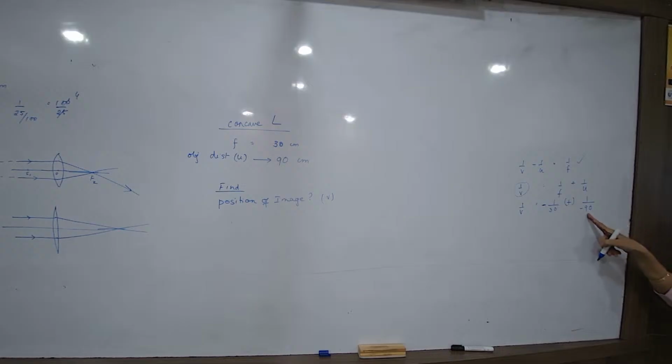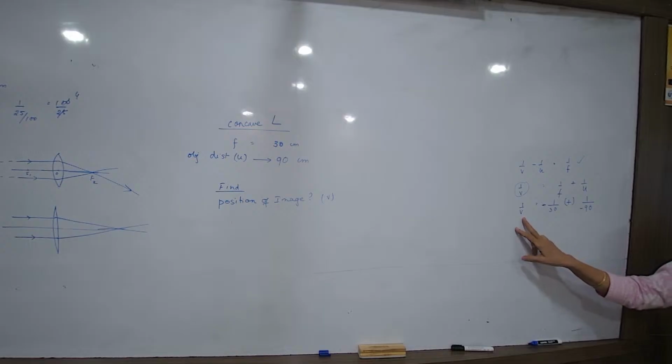But when you're substituting for U, once again look at the information given. Object distance is negative, so we put a negative here. So these two will once again become negative. That's why your answer V will come as negative, 22.5. V is equal to 22.5 meter or centimeter?